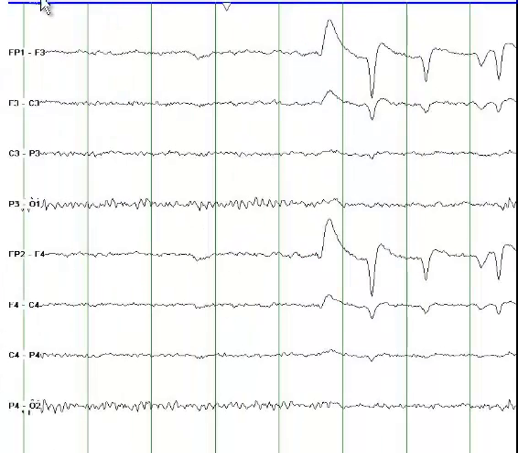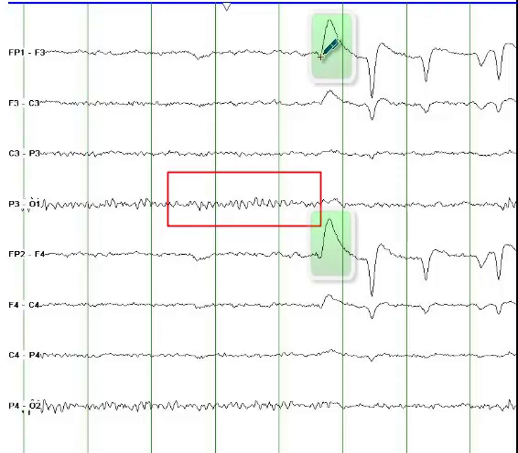Number two, the second feature of a normal alpha frequency is that on eye opening, so on the previous page we saw that on eye closure the alpha frequency was more pronounced. So look at the alpha frequency here. And what happens with eye closure? So let me draw it here. I'll use a green color again. So this is eye closure.